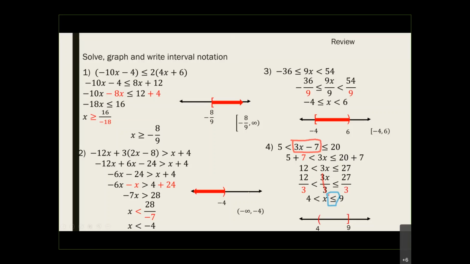You just shade this item, and at the 9 we use the bracket because of the equal sign, because of this line here. Once we have this, the interval notation for this problem is easy: open parenthesis 4, comma 9, close with the bracket.